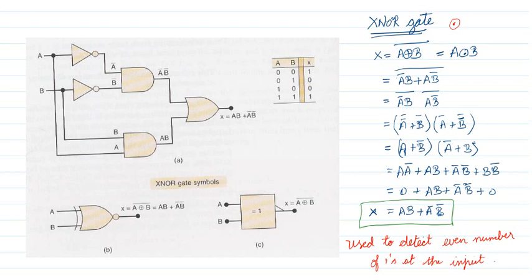For the others, 0 1 is 0, 1 0 is 0. So this is the truth table for the XNOR gate. It is just a complement of the previous XOR gate. XOR gate inversion is the XNOR gate.